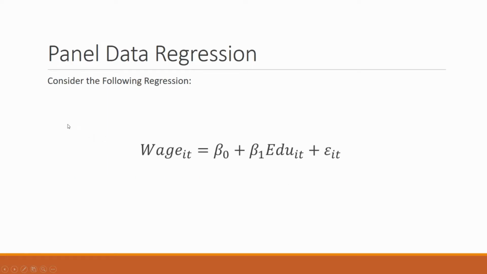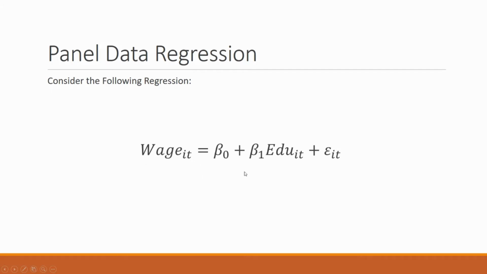So let's try to make this more clear, just to make sure that we understand these subscripts, or these indexes, because we need to be very comfortable with these subscripts as we go through the rest of the lecture. So let's just look at this example regression where we're regressing wage on education. And I want to make sure that we understand what these subscripts mean.